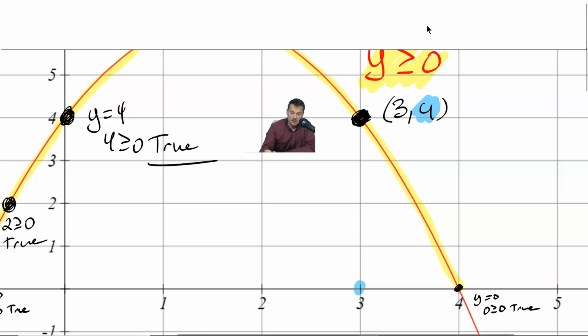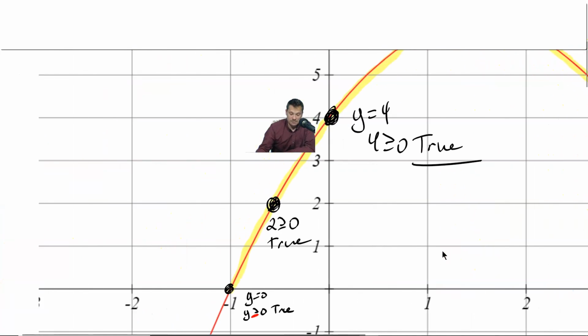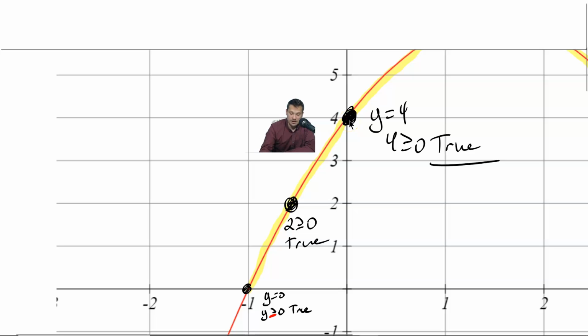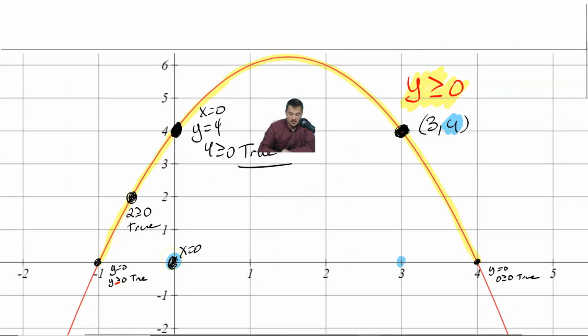Let me do this one more time with a point we can identify easily, right here. At this point the value of y is 4 and the value of x is 0. So when you talk about the solution to the inequality, you look down to the x-axis right here, where x equals 0.